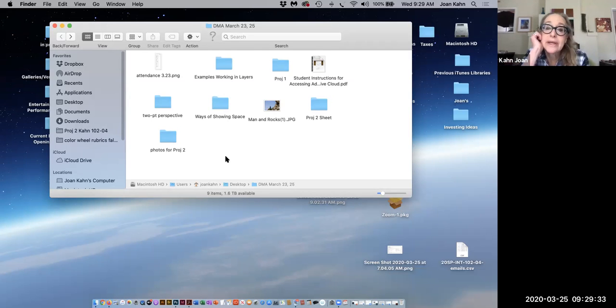Okay, so I think I've introduced you to project 2. Now I want to get into actually working in Photoshop, and we'll do exercise 4. Now with my other class yesterday, we were doing Illustrator, and I told them to work on the program on their own computers.